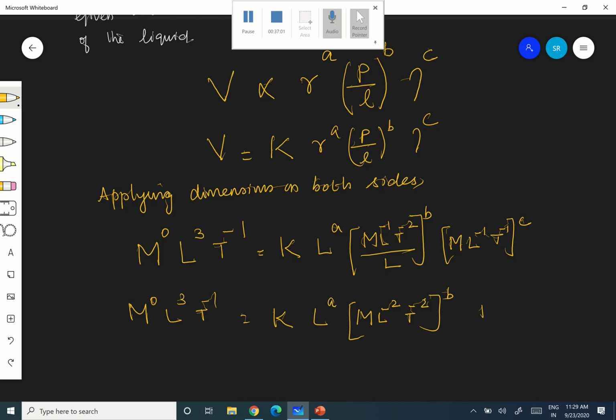Then M L power minus 1 T power minus 1 to the power c. Is it clear?